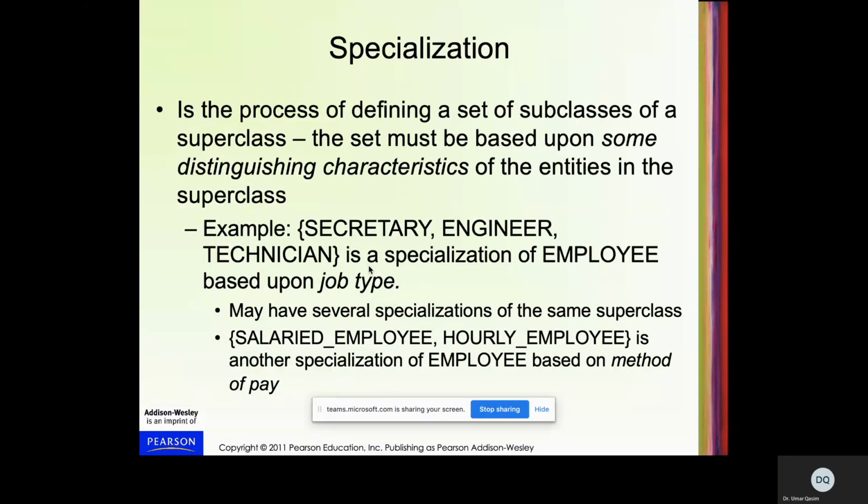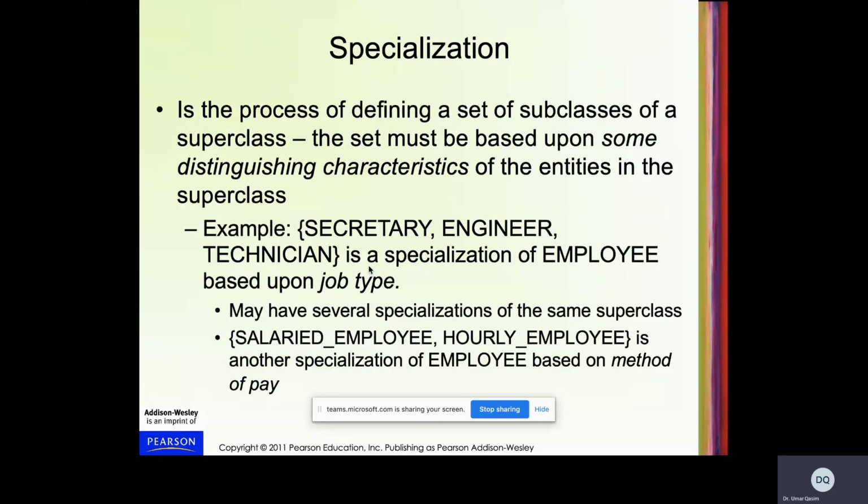Now, during this process of defining a set of subclasses and superclasses, one thing to note is that all of them are based on some distinguishing characteristics. For example, secretary, engineer, technician is a specialization of employee based on job type.